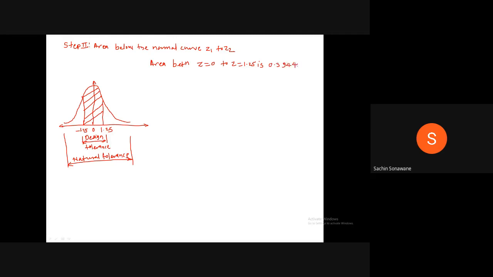This value is provided. It is in the table. Therefore, shaded area is equal to 2 into 0.3944, which is equal to 0.7888.